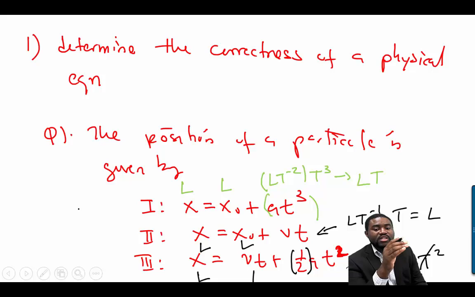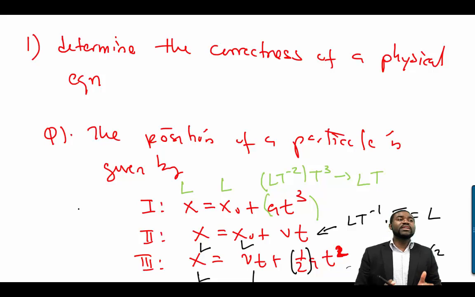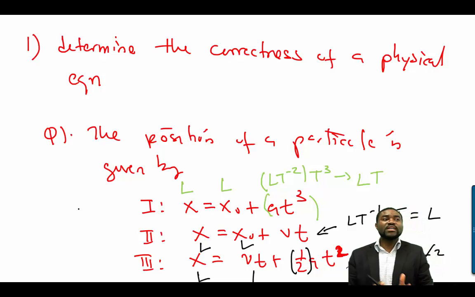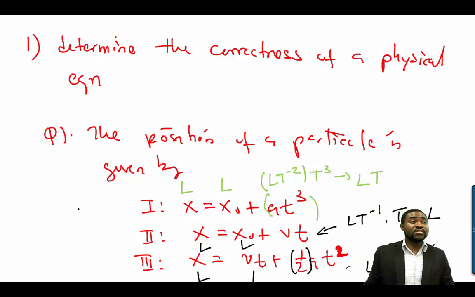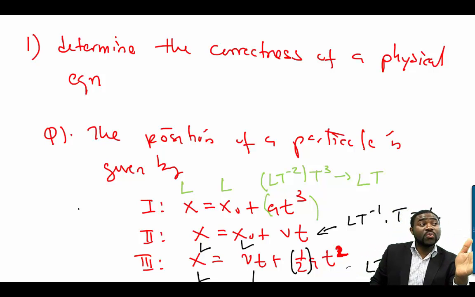It simply said the position of a particle is given by. So which of these equations is correct? It didn't say that the particle is accelerating. So answer the question being asked. Don't answer the question that has not been asked. Do you understand? This is critical because you are answering a question that has not been asked.